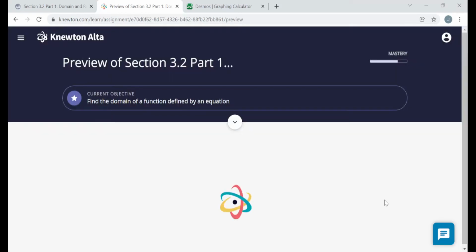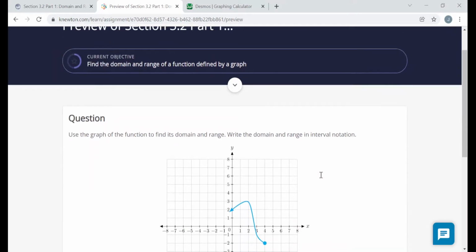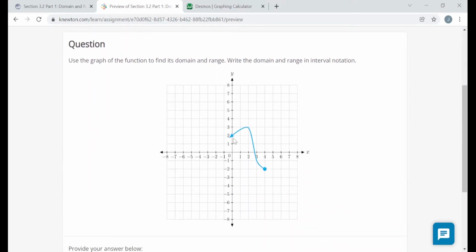And then the final one should be back on those graphs, which I think are the easier ones. Now pay attention. This is an arrow here, meaning it's going to the left and down forever. It's pointing in that direction forever, left and down. So for the domain, I know I don't see the graph, but the arrow is there, implying the graph goes to the left and down forever.